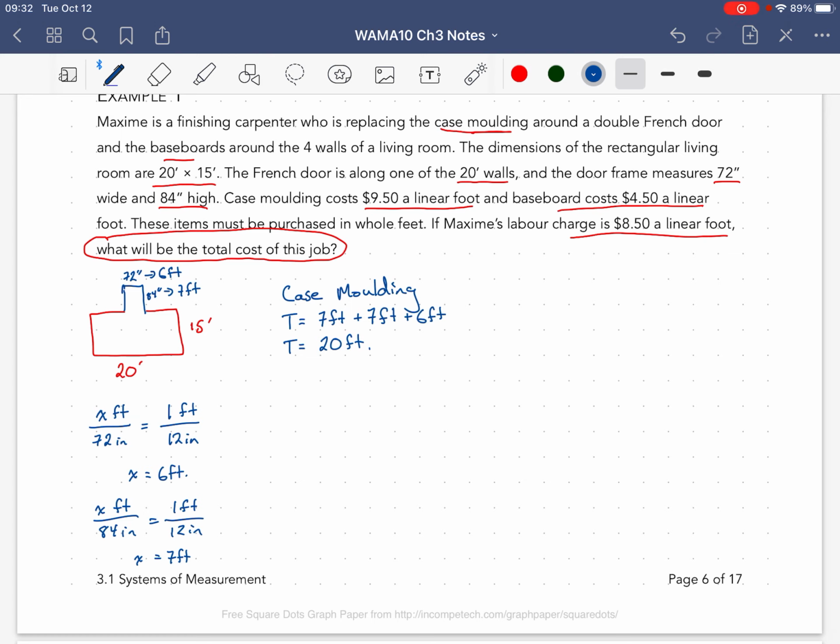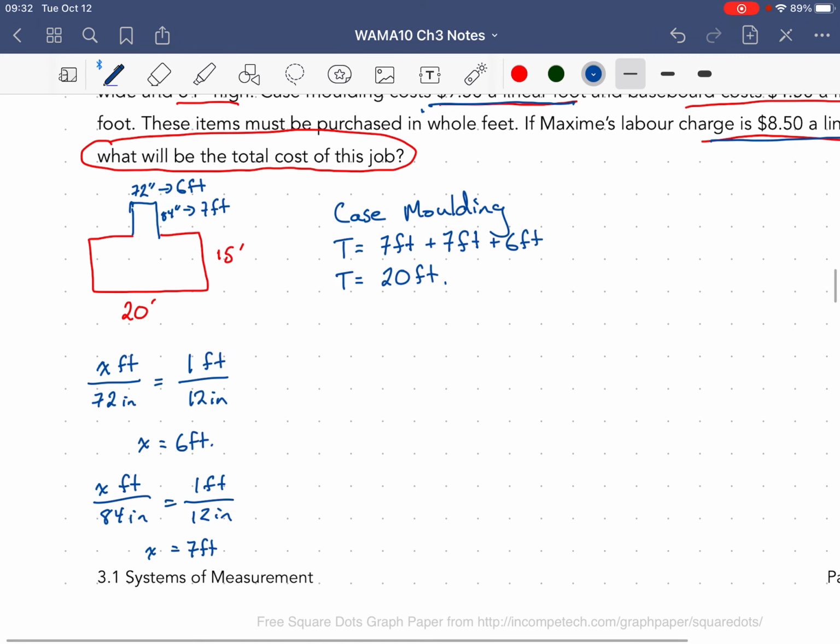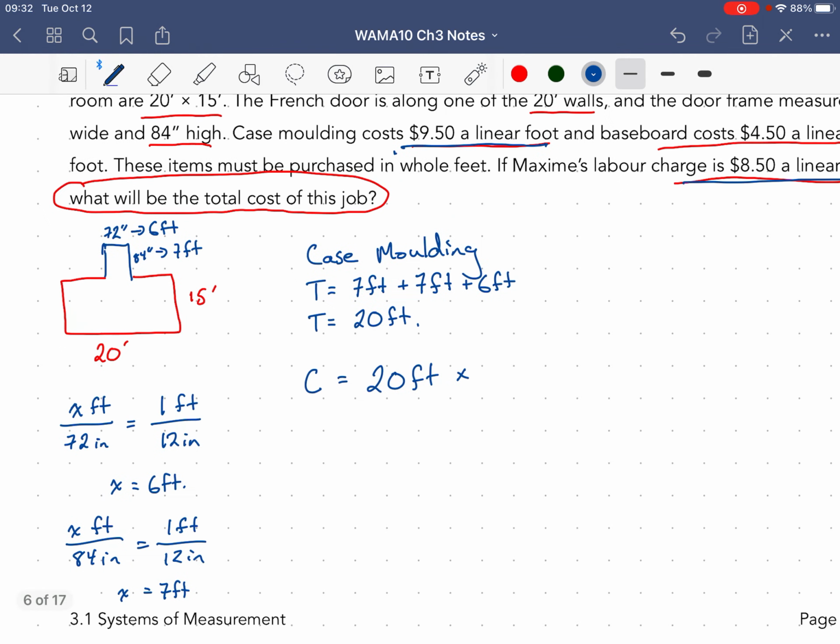Now, our cost for the case molding is $9.50 a linear foot plus $8.50 a linear foot for the labor. So our cost is going to be 20 linear feet times, what we have to do is $9.50 plus $8.50, right?